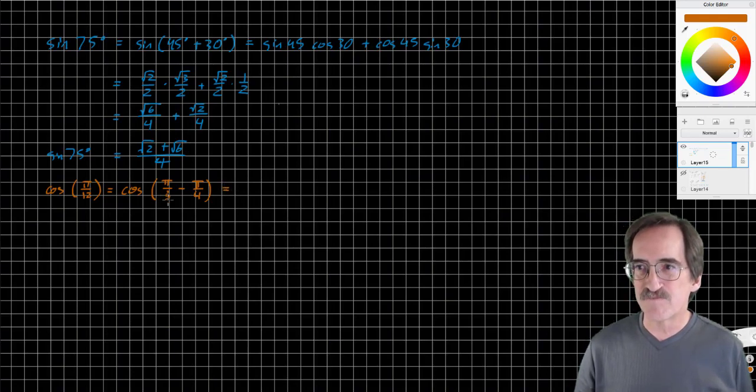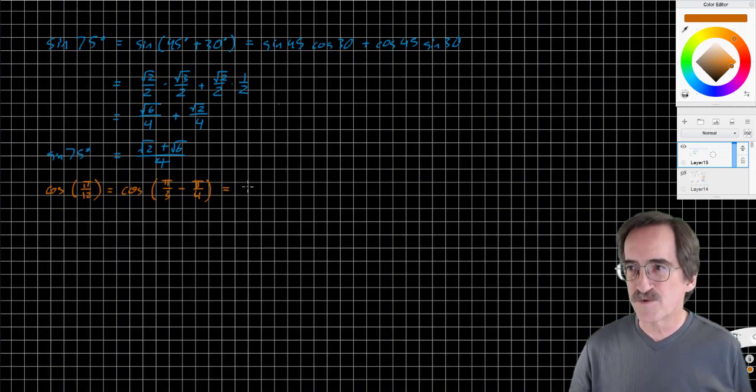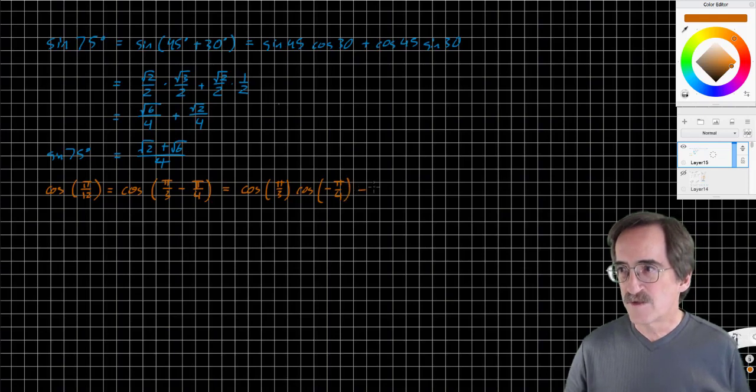Think of this as pi over 3 plus negative pi over 4. The angle addition formula for cosine is cosine cosine minus sine sine. Cosine pi over 3, cosine negative pi over 4, minus sine pi over 3, sine pi over 4.